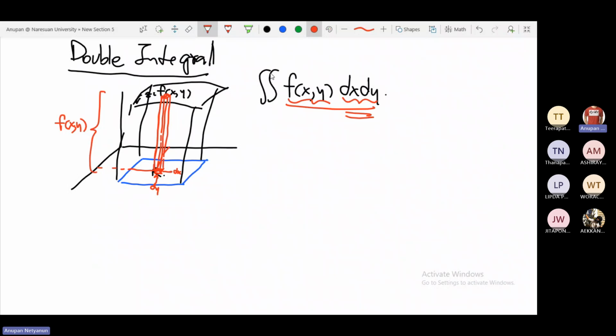Now, when I do the integration with respect to x first, y is fixed, so you include every pole, with x running from here to here. So you get a row of poles.